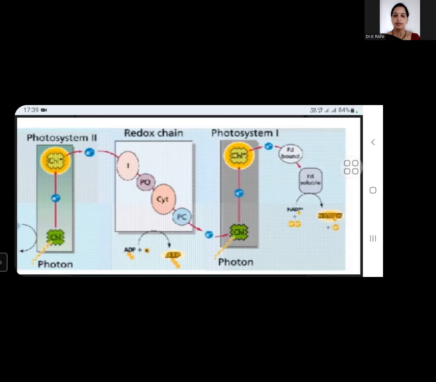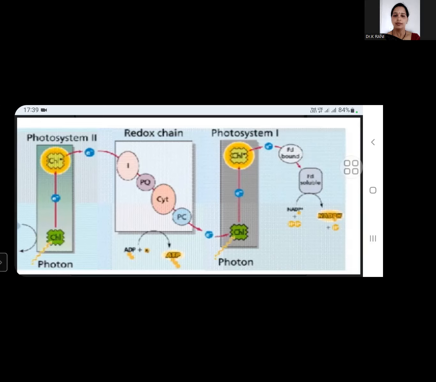Both PS1 and PS2 are involved in this non-cyclic process. Start with PS1, the reaction center P700. The electrons move from the reaction center to the primary electron acceptor, the iron sulfur protein, then to ferredoxin, and the ferredoxin reduces NADP+.